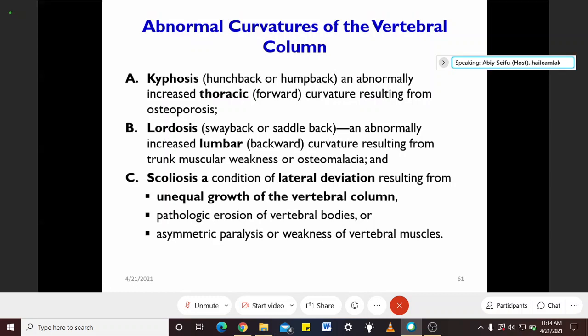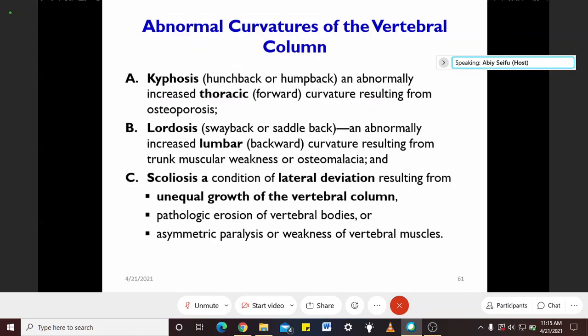Scoliosis is an abnormal lateral curvature or deviation of the vertebral column, created due to unequal growth of the vertebral column, due to pathologies. That means if the vertebral bodies are eroded pathologically from one side or unequally, they form a lateral curvature.